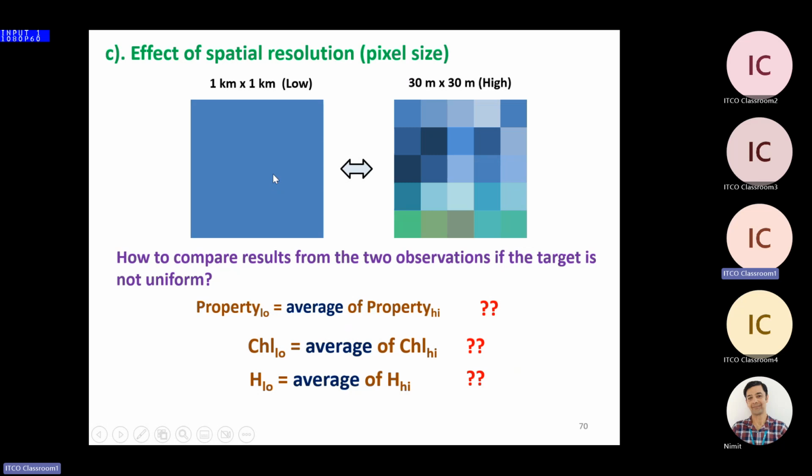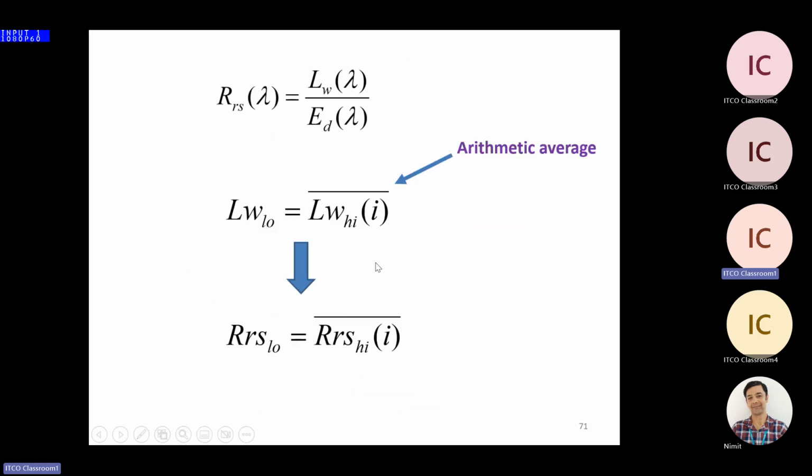Then how to do the average? And what kind of average? So look at this. We know remote sensing reflectance is Lw over Ed. Lw of low resolution is an arithmetic average of high resolution, because we measure light coming from this area.